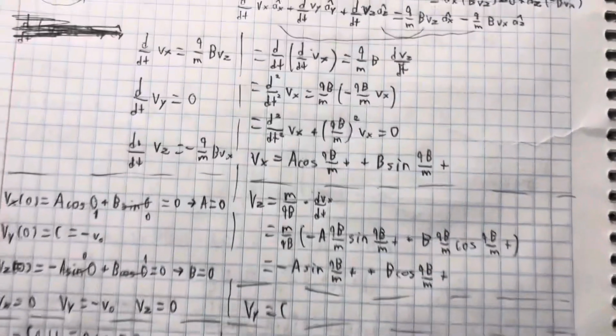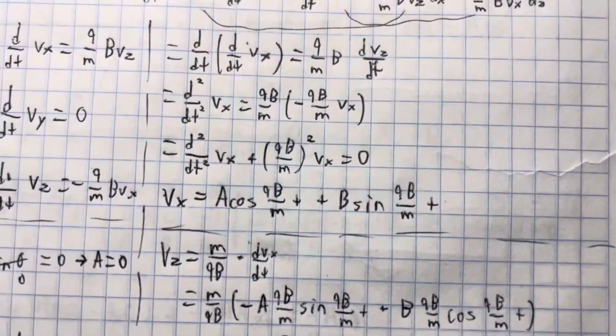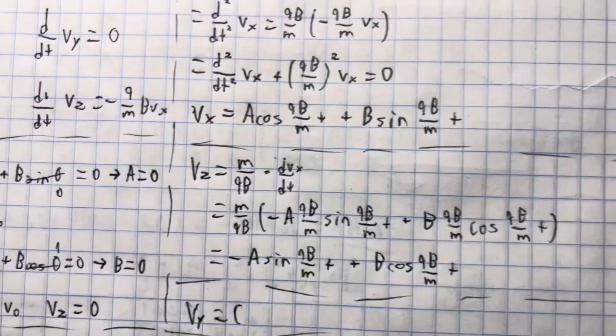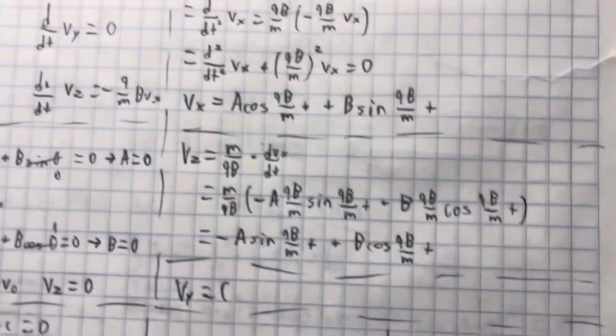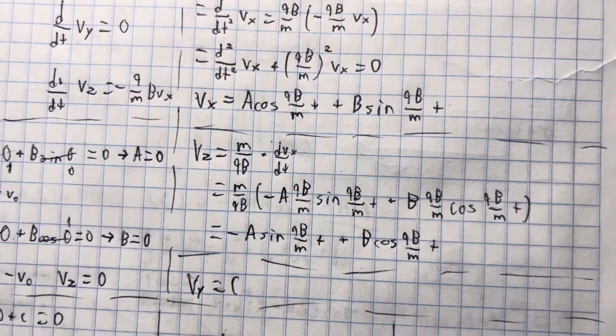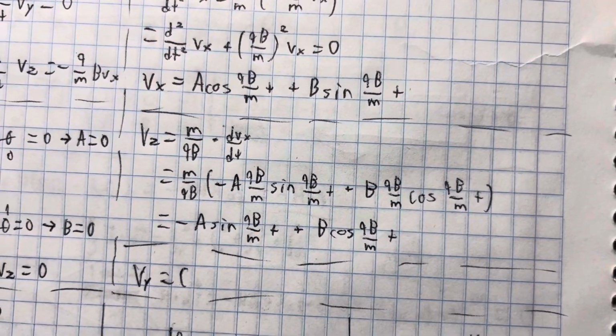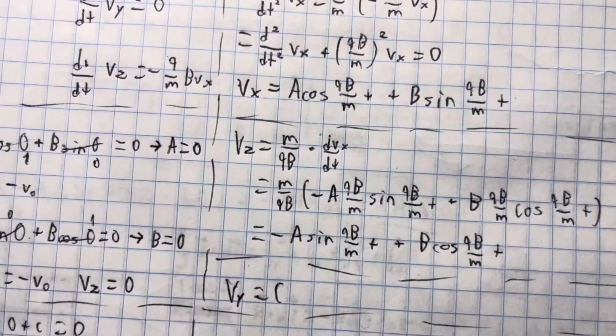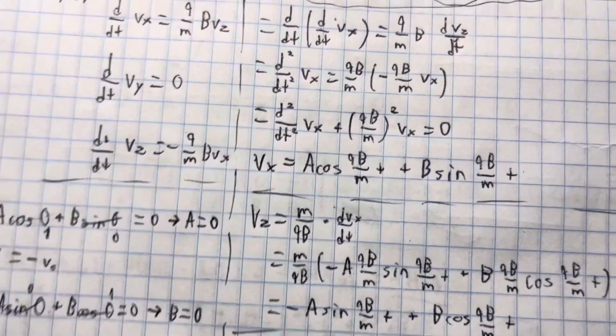And then when we have this for x, we have to do the same for z, using the matching here. We also clear the setup, and then we solve this dot product. We know that the derivative of velocity in x is this here, and that velocity in x is this here.